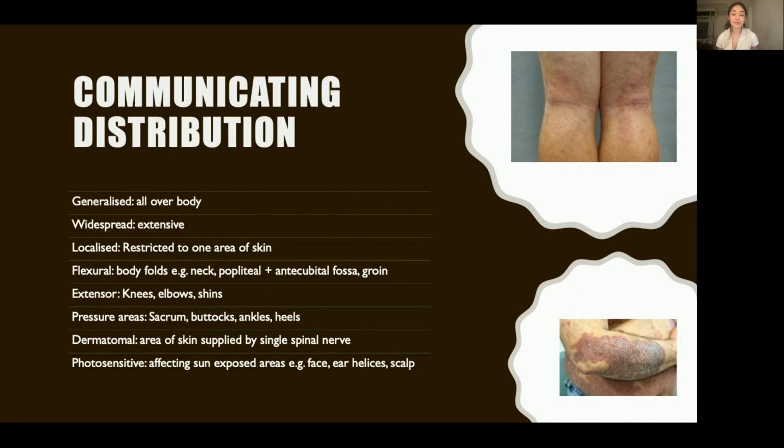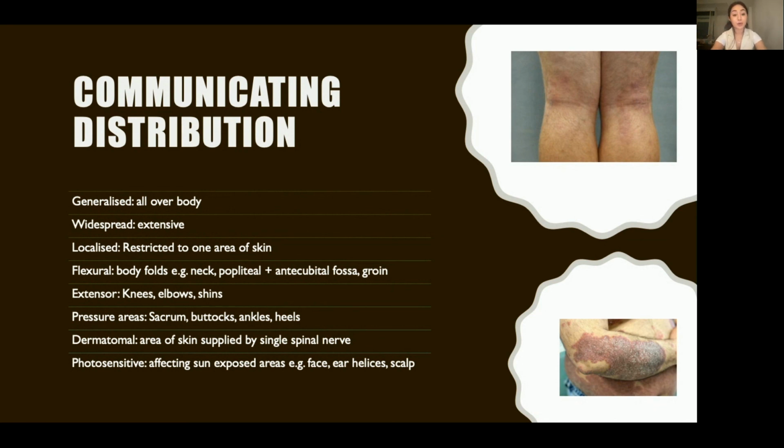And then I just want to really quickly run through some buzzwords for communicating distribution. Generalized is quite self-explanatory: all over the body. Widespread would be even more extensive. Localized would be restricted to one area of the skin.